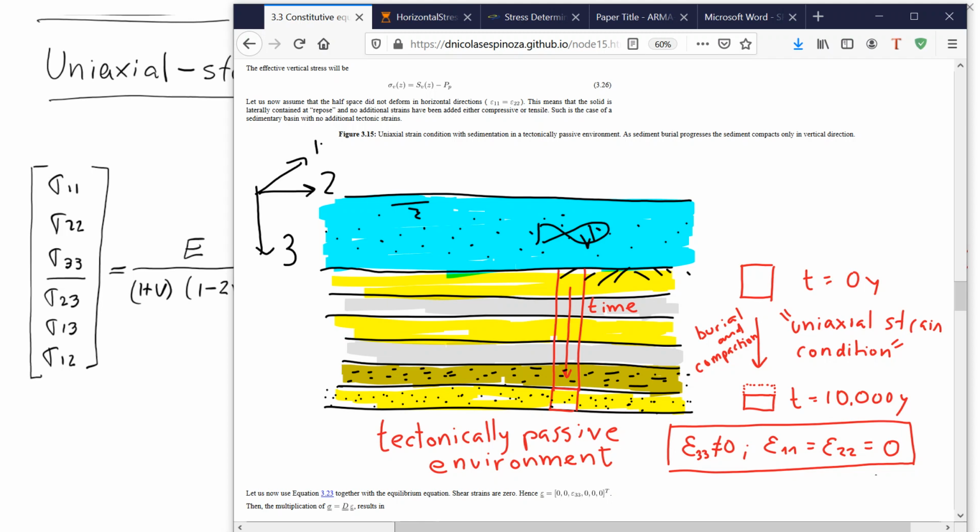For example, in places that are tectonically passive, when you have sedimentation over time and more sediments pile on top of each other, if there is no tectonic strain either extending these sediments or compressing them in horizontal direction, then you would expect also to have this one-dimensional strain condition in which there is just compaction in one direction. So as long as that happens, then you can apply the assumption that we are doing right now.